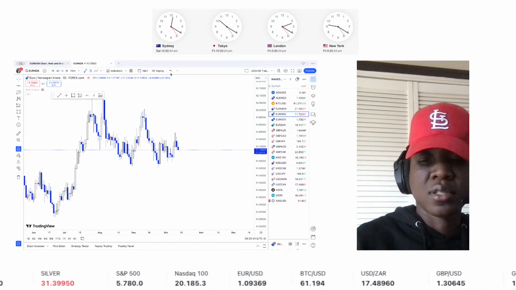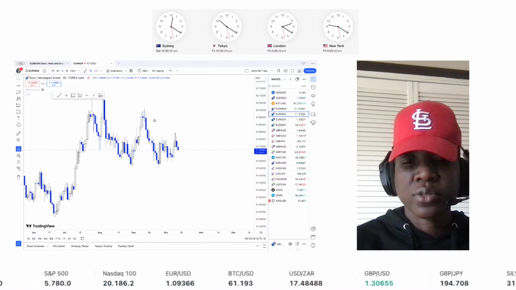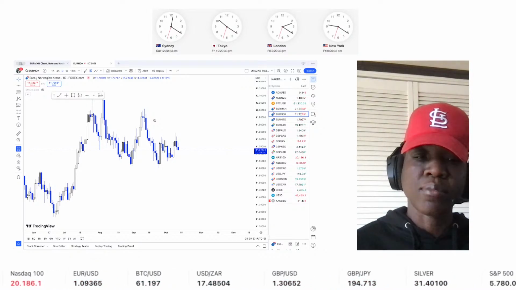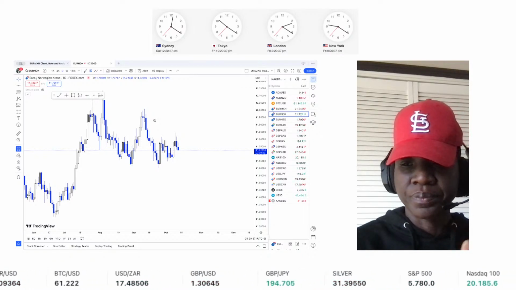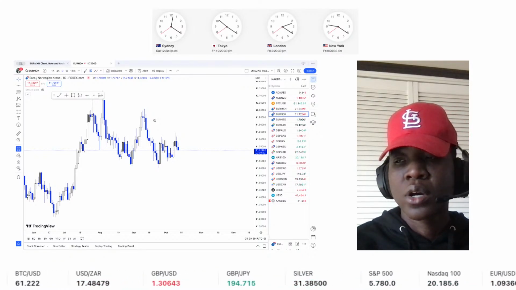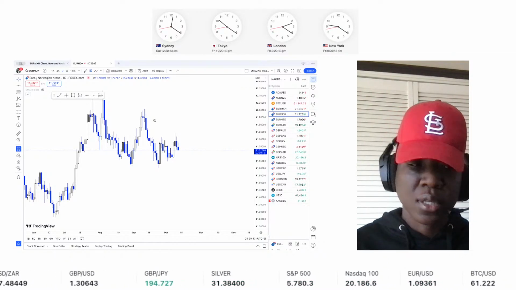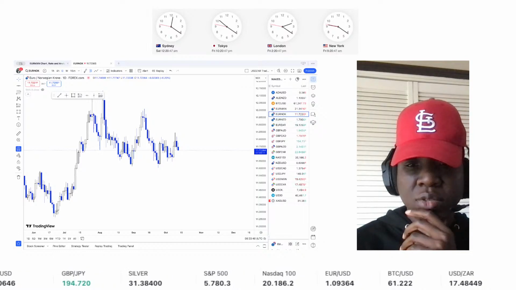I think it's a waste of energy to watch it, because you can be doing other things. To me, if you're watching your trade, that just means you haven't properly accepted the risk, or you're over leveraged, or you don't trust the actual trading decision. So that's why I think that means.